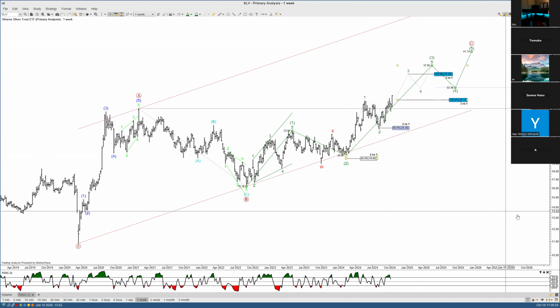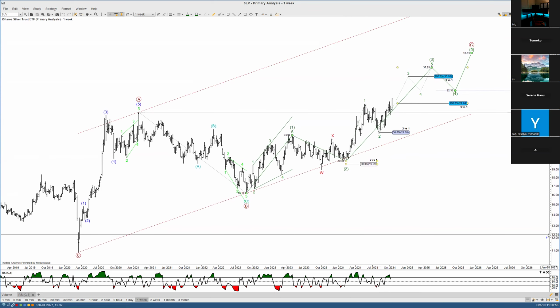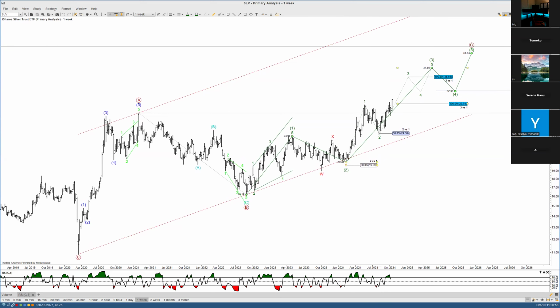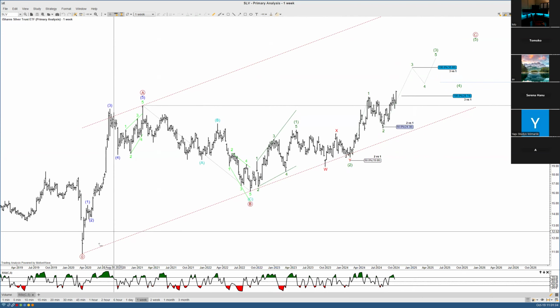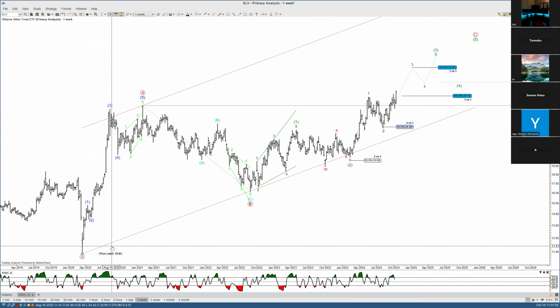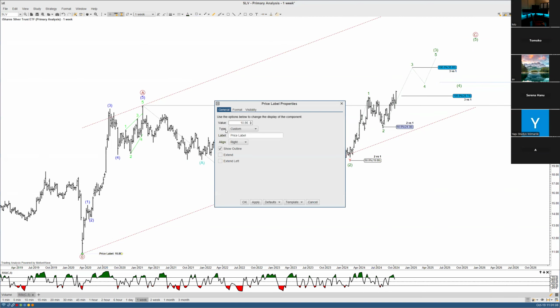Man, silver. Hang on for a second. Let me think. So here's your low at $10. Let's put a price there.